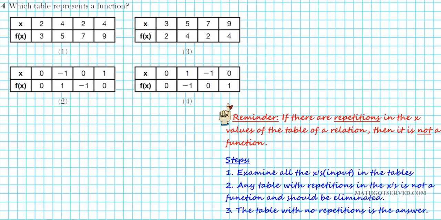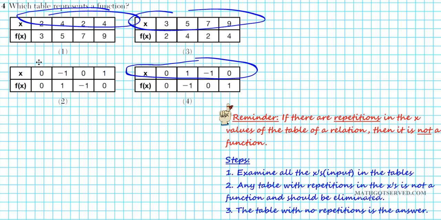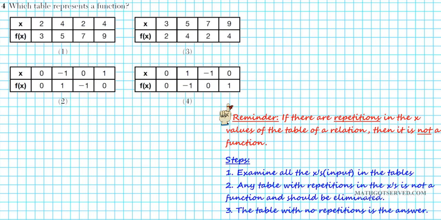Steps. We're going to examine the x's. For this problem, we are focusing our attention on the x's, the input entry of each table. When we examine all the x's, step 2, any table with repetitions in the x's is not a function and should be eliminated as a candidate for the answer, because we're looking for what is a function, which has no repetitions.